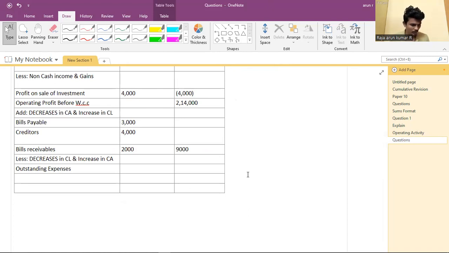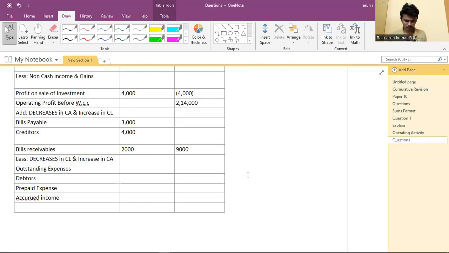Outstanding expenses, debtors, prepaid expenses, accrued income, income received in advance.